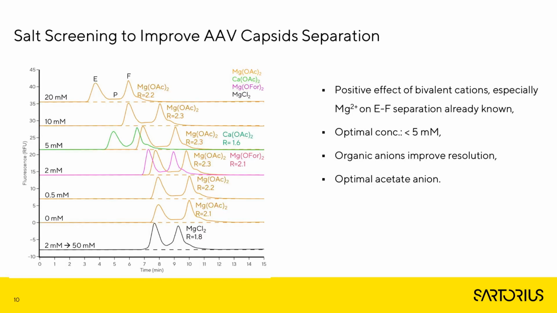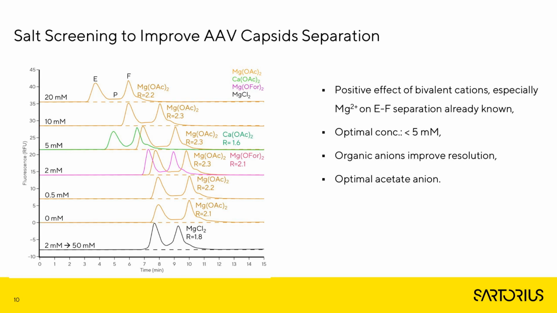Here we performed different salt screening. We tested magnesium and calcium salts combined with soluble organic anions. We know from the literature that magnesium chloride has a positive effect specifically on empty and full separation. But when we compare this magnesium chloride salt with organic acetate anions, we see that much better resolution was achieved.